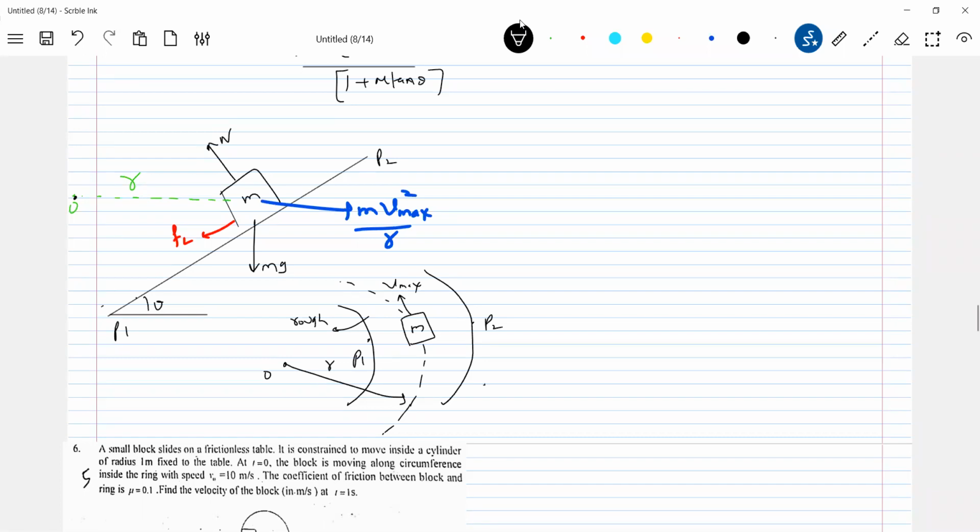What are the forces perpendicular to incline? Fl will act parallel to incline. Perpendicular to incline, again, N minus mg cos theta minus m V max square by R sin theta equal to zero. Most of you are very familiar with the friction concept, so I'm just taking help of that idea here.